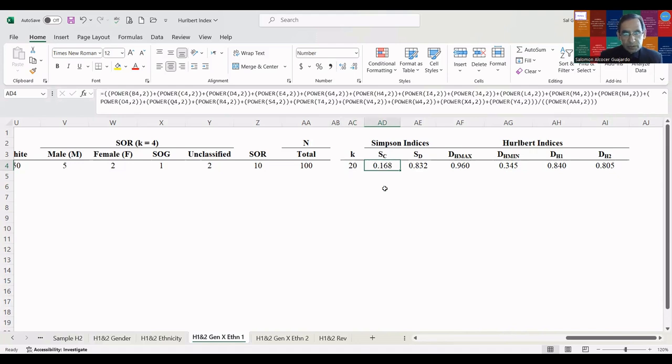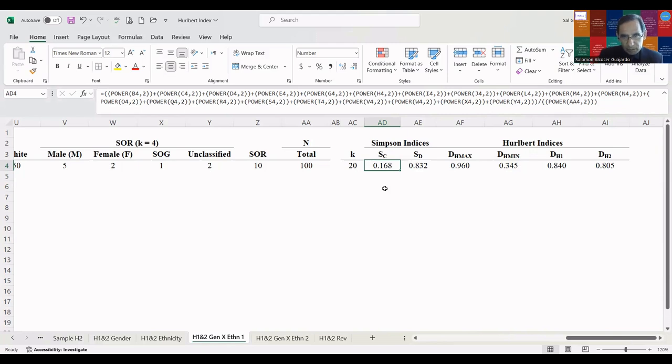Because there are 20 different data points, I have to square each frequency. Again, that becomes more complex as the number of groups increases. I use, again, consistent with the previous episode, in particular episode 1, the power function in Excel to square each frequency.